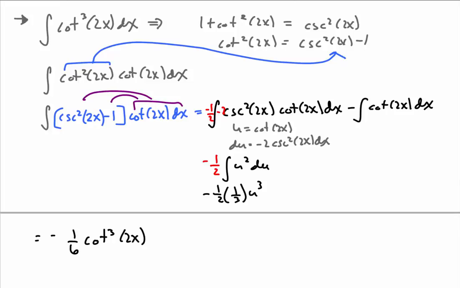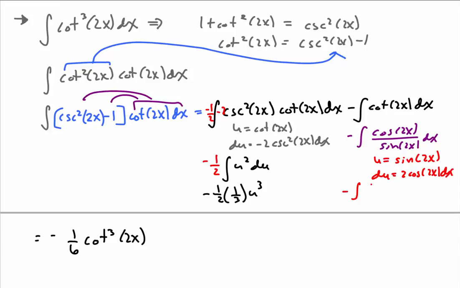Now this bit over here, I'm going to rewrite cotangent as cosine over sine. We haven't seen this one in a while, but this u substitution is going to put me toward a transcendental solution. So u is sine of 2x, du is 2 cosine of 2x dx.